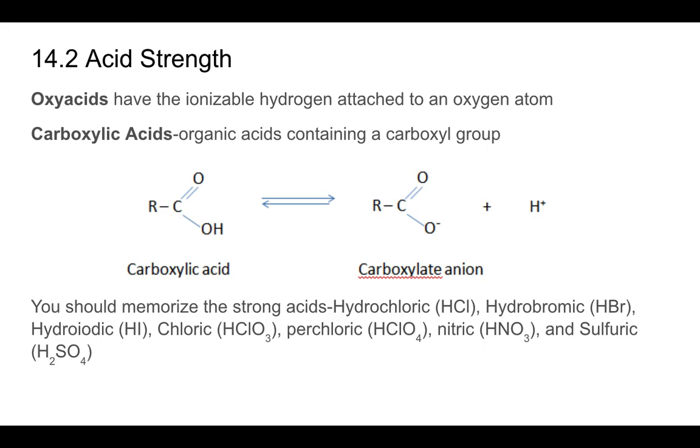And sulfuric acid, generally grouped with the strong acids to memorize. Now remember, just to review, H2SO4 from AP Chemistry's perspective can be assumed to be doubly strong, that both H's are strong. When you get to college, though, your professor will probably want you to know that for H2SO4, only the first H plus is strong and the second one is weak.